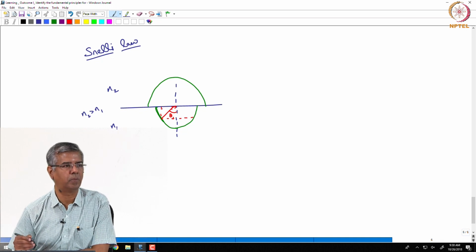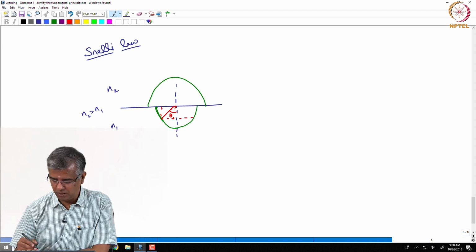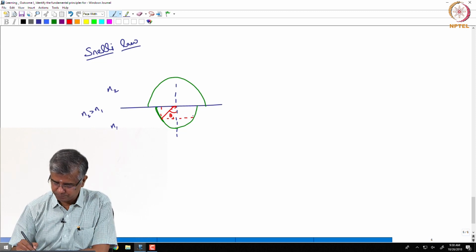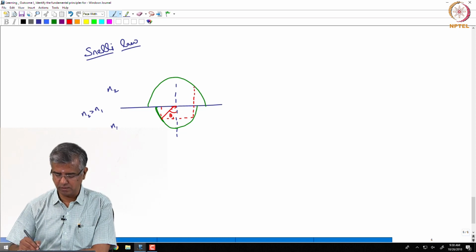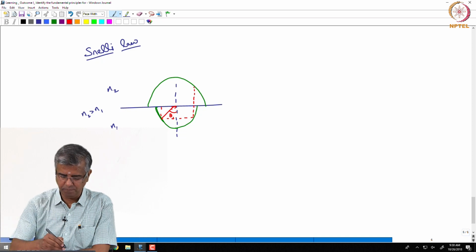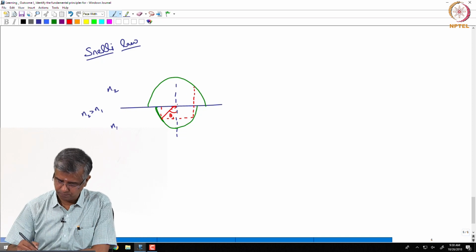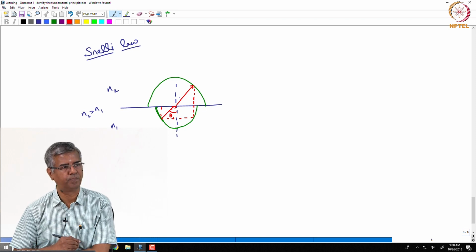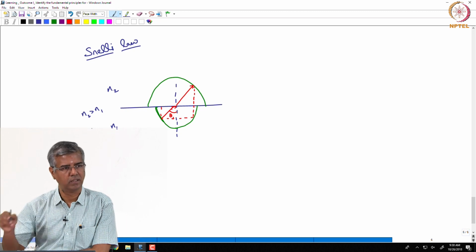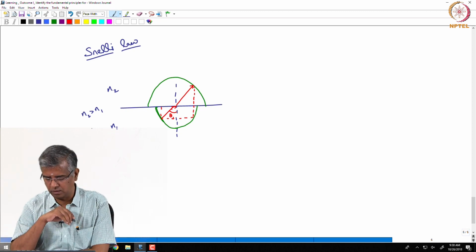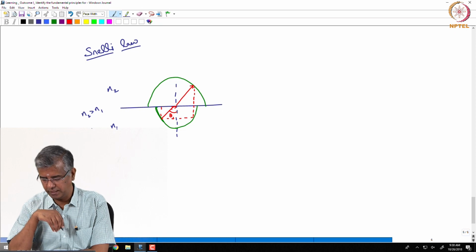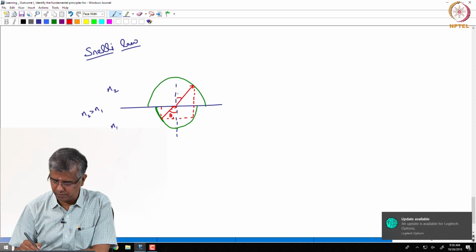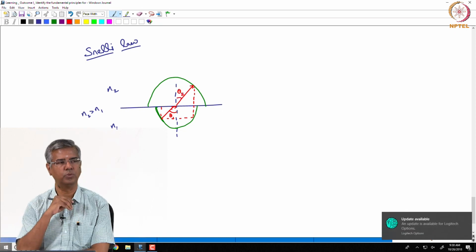So, the tangential components on both sides have to be equal. Which means that if I project this to the second medium, where it meets this constant phase front, that defines your theta 2.